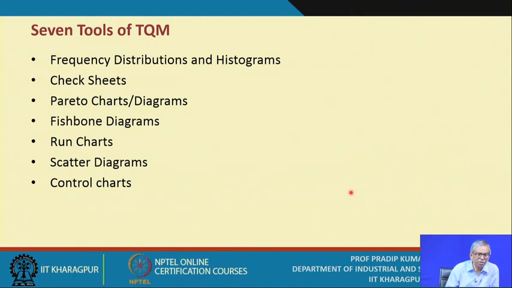Then the check sheets, the next one, Pareto charts and diagrams, named after the Italian economist Alfredo Pareto. Fishbone diagrams or Ishikawa diagrams, also referred to as cause and effect diagrams, run charts, scatter diagrams or scatter plots, and control charts. So these are the 7 tools of TQM.